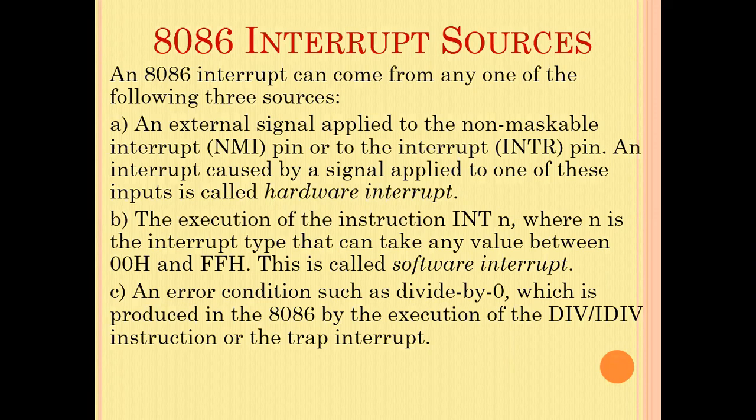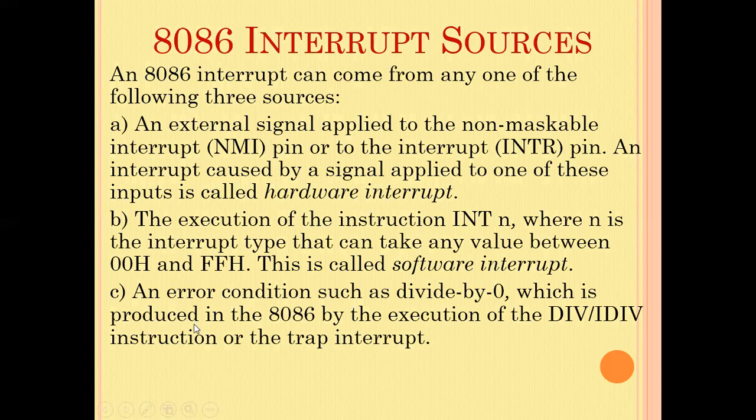For 8086, there are possibly three sources for the interrupt. One, external signals due to hardware devices, which we call hardware interrupts. Second, due to internal programs, due to some programming, which we call software interrupts.